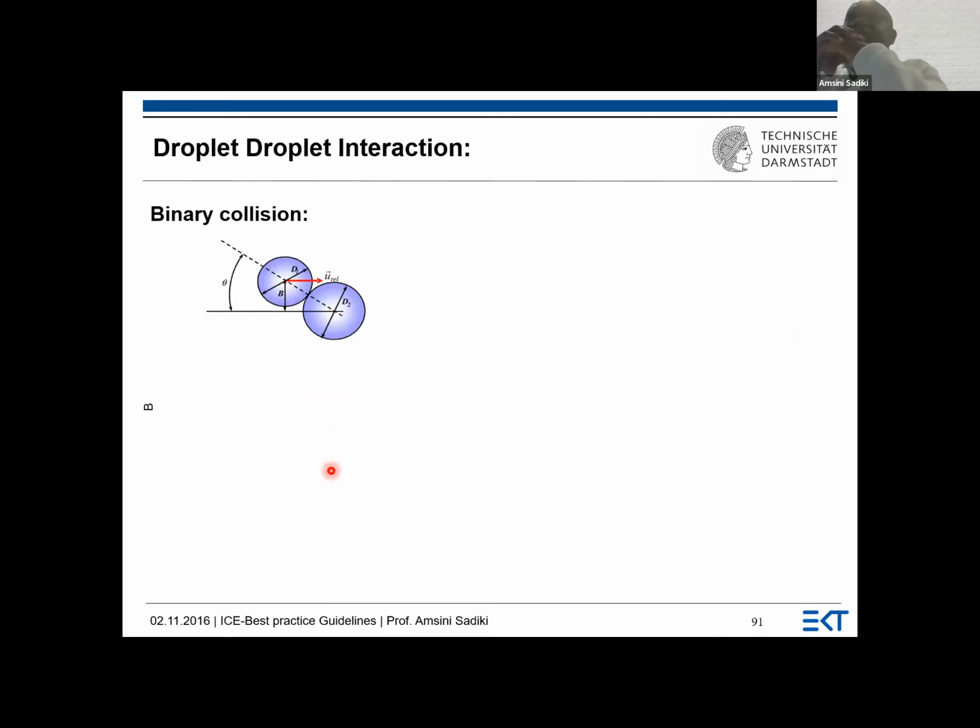We have seen also that if we are in the dense spray region, and we deal with the primary breakup and secondary breakup, then we also have collision, and sometimes also coalescence. This is the reason we have to take into account the collision process.